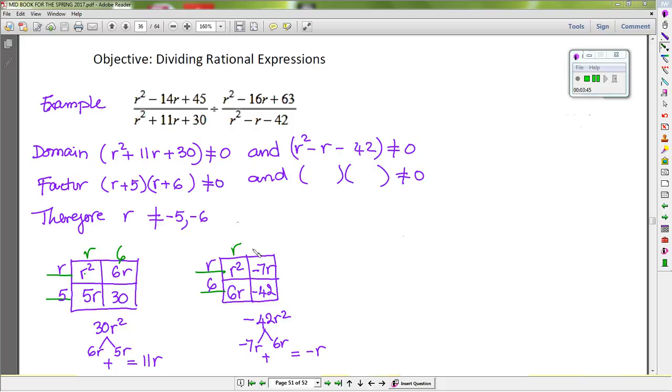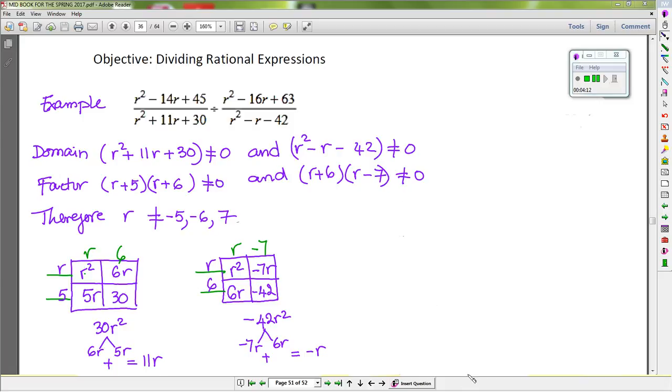Negative 7r divided by r gives us negative 7. Therefore the factors will be r plus 6 and r minus 7. So we can conclude that r cannot be equal to negative 6, which we have here, and r cannot be equal to positive 7.